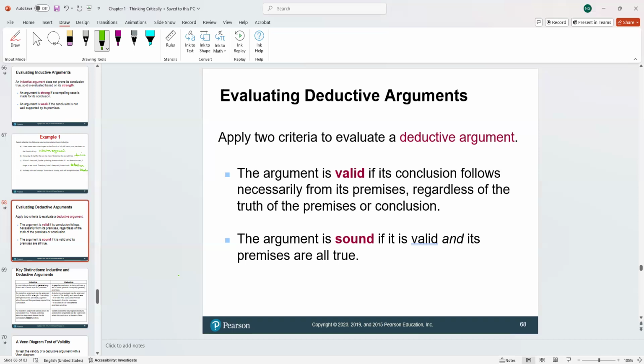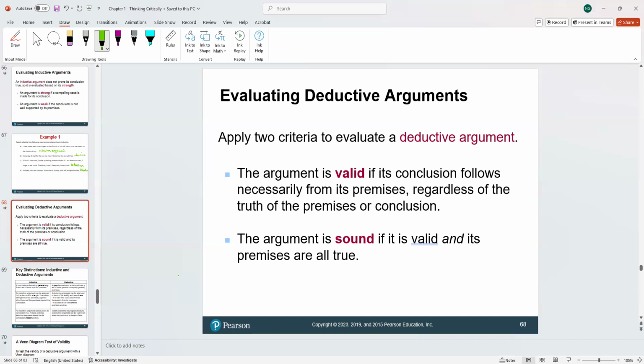In more general terms, the first question checks the validity of the argument. A deductive argument is valid if its conclusion follows necessarily from its premises. What you need to remember is that validity is concerned only with the logical structure of the argument. So validity involves no personal judgment and has nothing to do with the truth of the premises or conclusion. If a deductive argument is valid and its premises are true, then we say that the argument is sound.